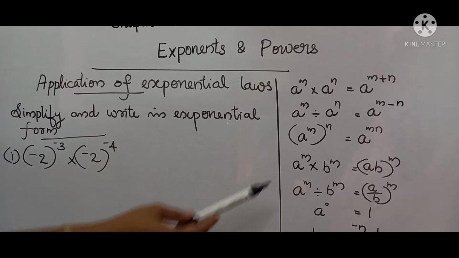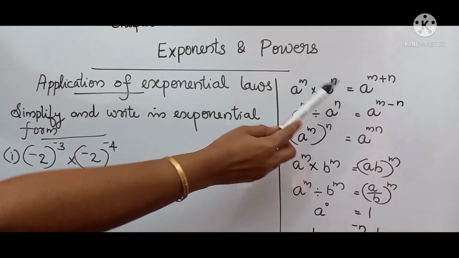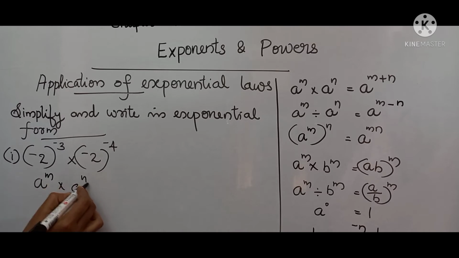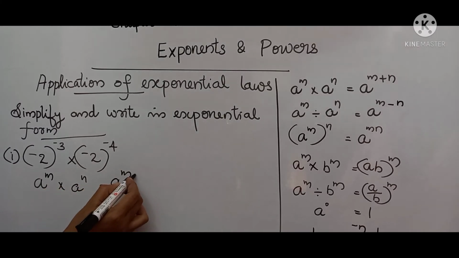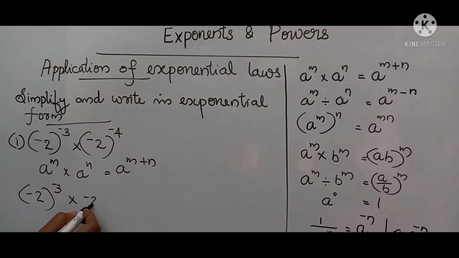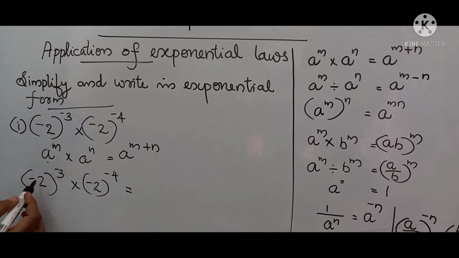Which law is it? We can observe the first one, a raised to m into a raised to n is equal to a raised to m plus n. So we write that law here, and we write the given question: minus 2 raised to minus 3 into minus 2 raised to minus 4 is equal to, instead of a, minus 2 only.